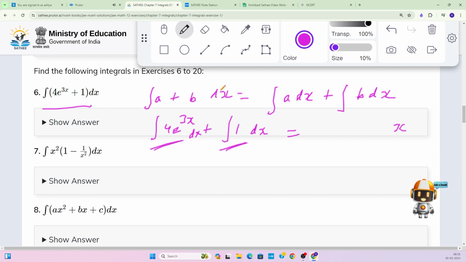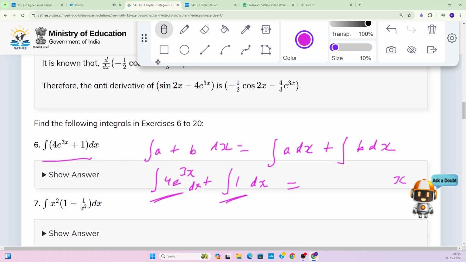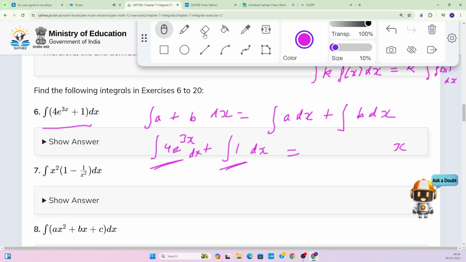Now for this one I'll be using another result, which is that the integral of k times f(x) dx is equal to k multiplied by the integral of f(x) dx. So I can take out this 4, and now for the integration I'll use the general form: 4 times e^3x divided by 3.